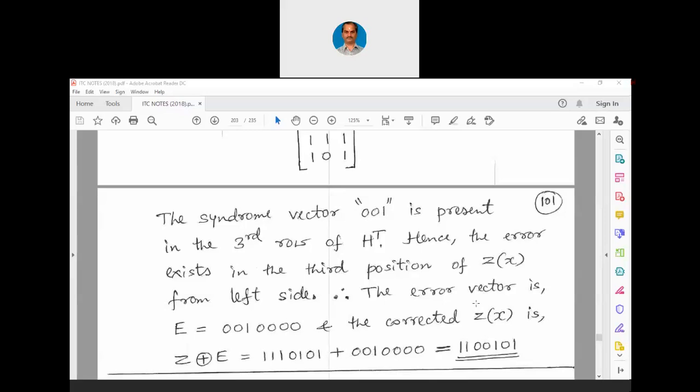And then, based on the number of clock pulses which we feed, we will find out the position of the error there. The second one is, as usual, go for the Hamming transpose matrix and find out the row, and when you find out the row, now you correct the position from the left side, not from the right side.